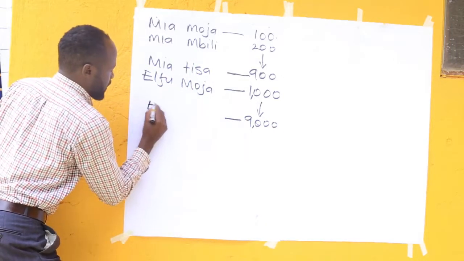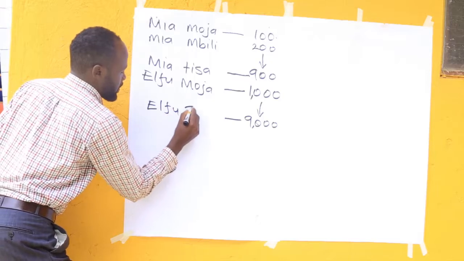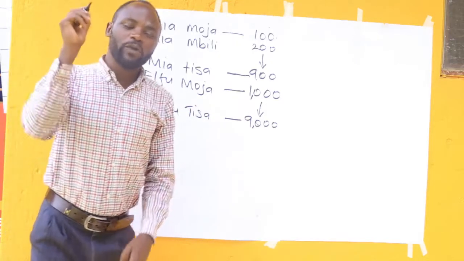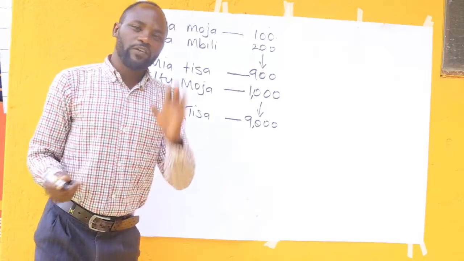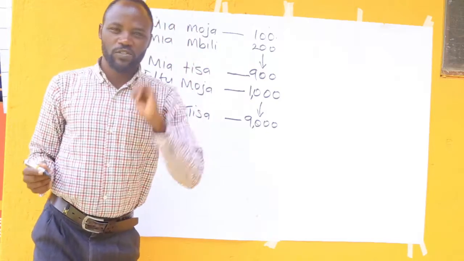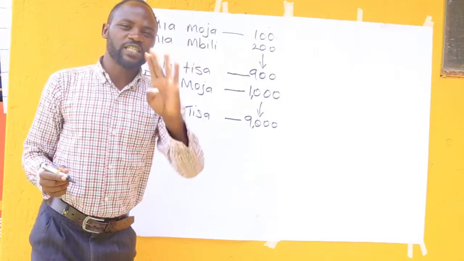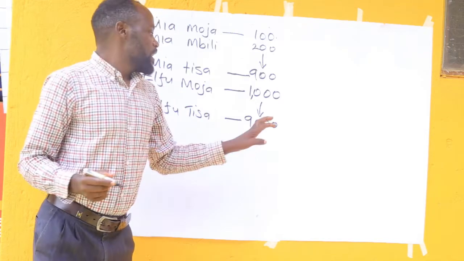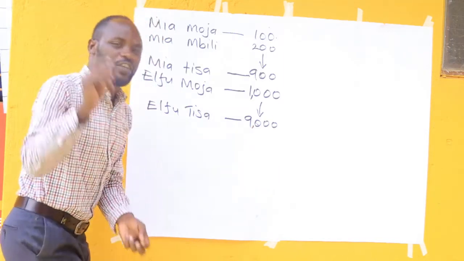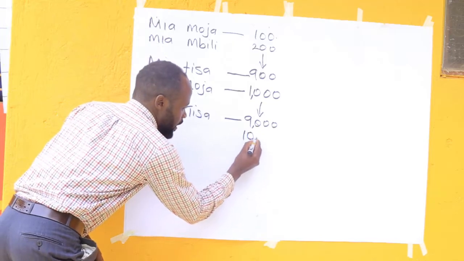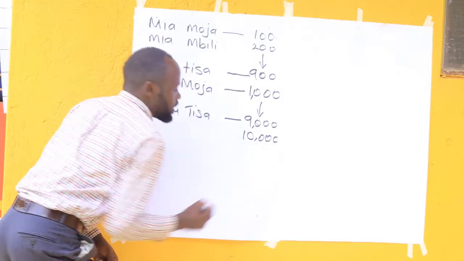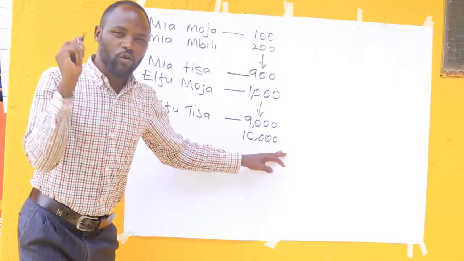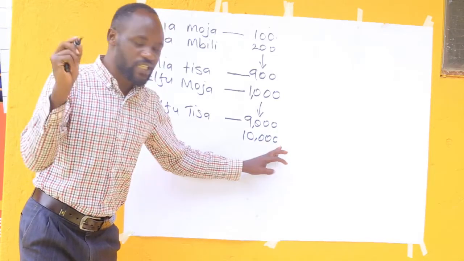That is elfu tisa. From elfu tisa, we shall go to a figure containing 4 zeros. So elfu tisa, it is 9,000. Then if we have 10 here, it is 10 with 3 zeros.